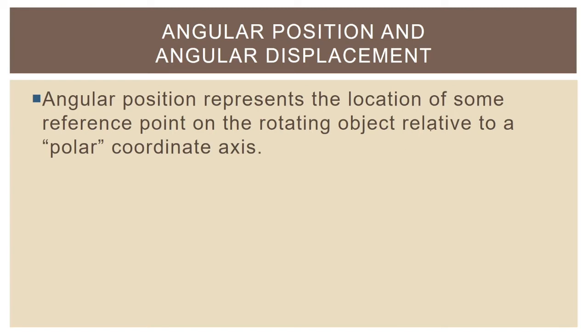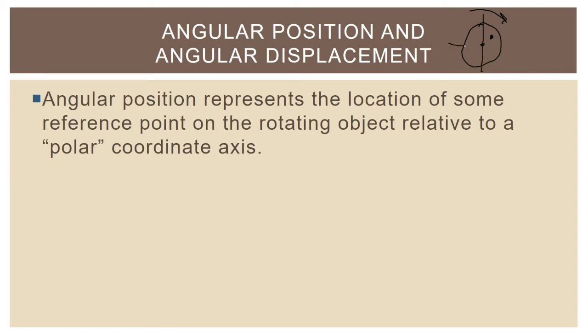Basically, when we have a rotating object, we're always going to have to pick some reference point on the object. Really try to imagine a disk that was rotating. As is always the case when you're trying to make measurements, you need a coordinate system and you need a reference point. And so we're just going to say, we're going to pick this point. And so that point has what we refer to as an angular position.